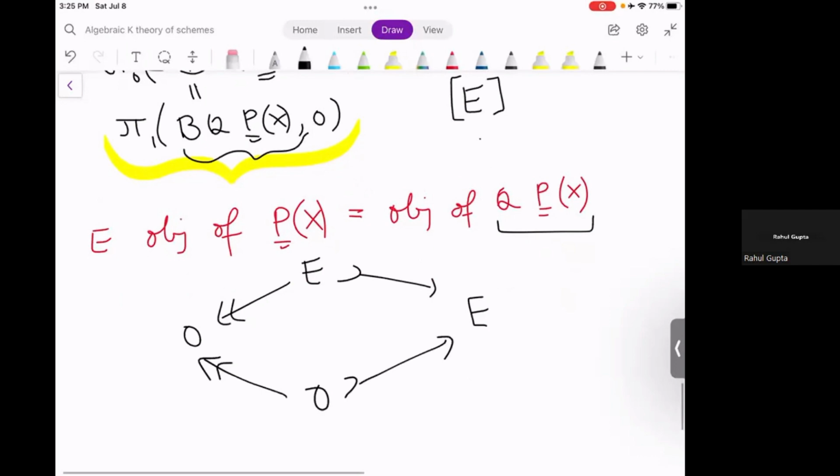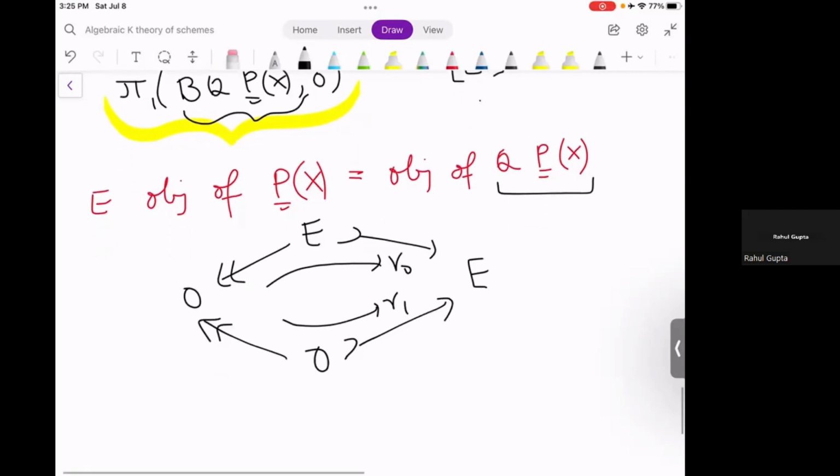Recall that in the Q construction, objects were the same thing as the exact category, and the maps were admissible epimorphisms and monomorphisms, right? So I get two maps from 0 to E. This is gamma naught, this is gamma 1.